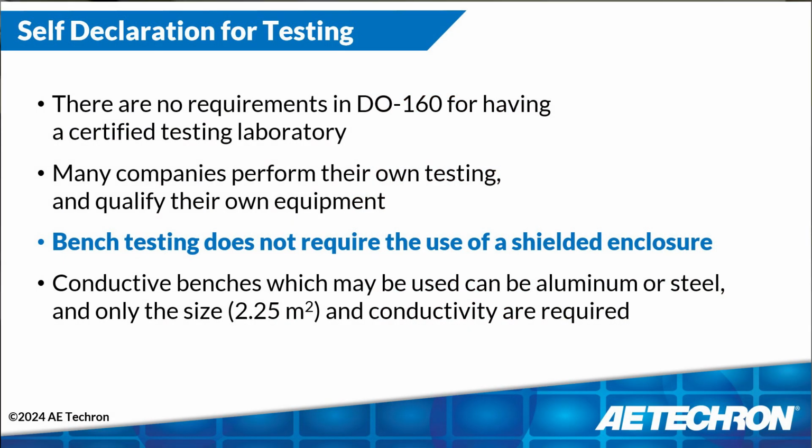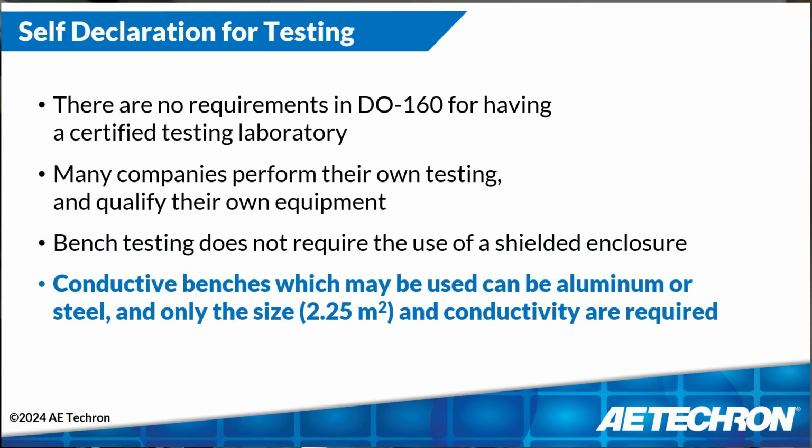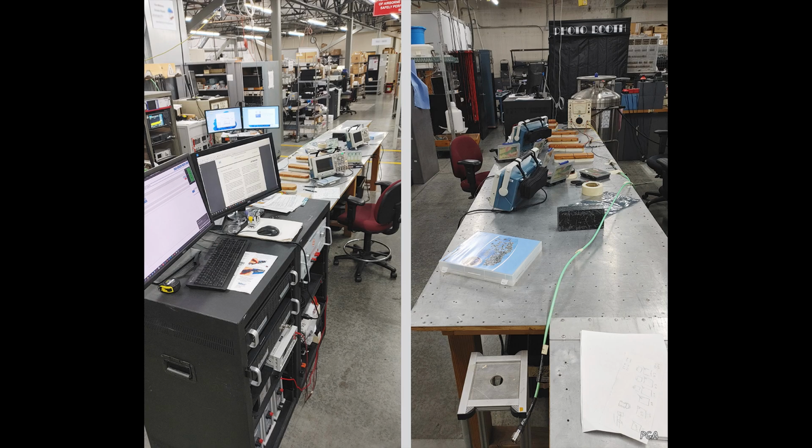The nice thing about the type of equipment that AE Techron carries is that the testing it performs is what we call bench testing. This is testing that does not require a chamber or a very expensive anechoic room or anything of that nature, but can be performed on a simple conductive bench. These benches have certain dimensions. They're supposed to be 2¼ square meters or larger.